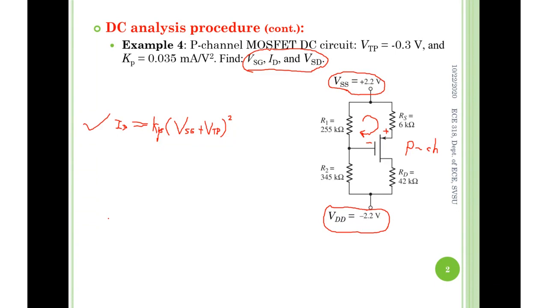In the meantime, we know IG is 0, open circuit here, and ID down here equals IS up here, and both are downwards. This is very important: both ID are the same, and they both go downwards. Because the current direction determines the voltage polarity across the resistor, right?